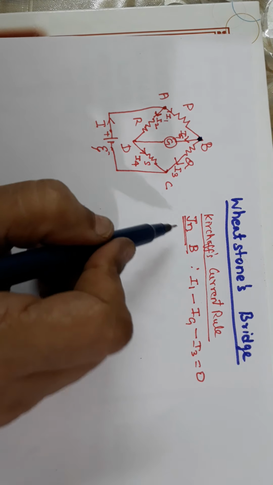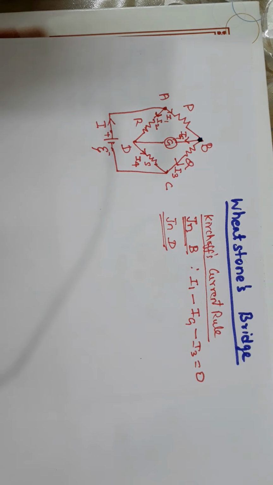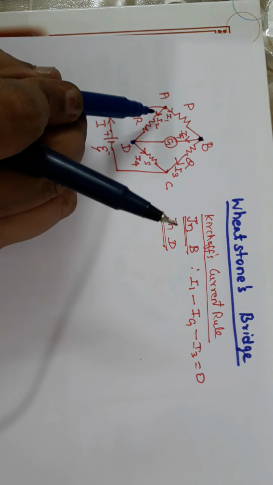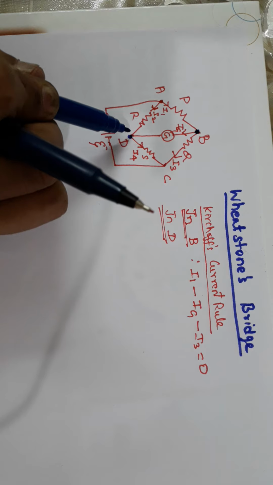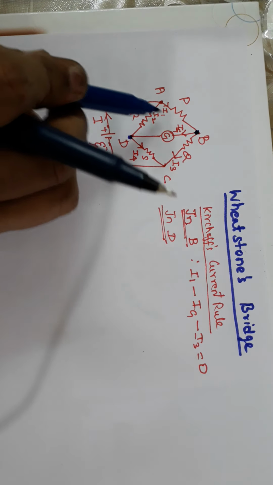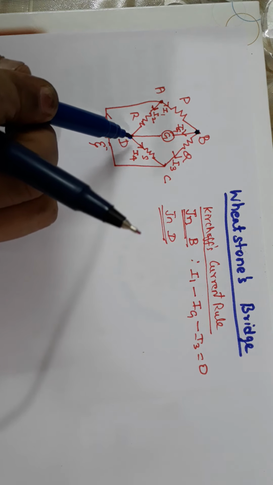Now in the same way you apply it to the junction D. At the junction D, again 3 currents, I2, Ig and I4. I2 is toward the junction. Ig is toward the junction. So put plus for those currents.